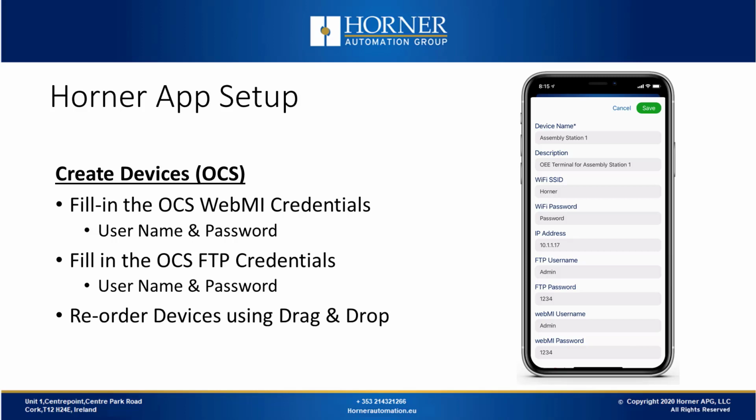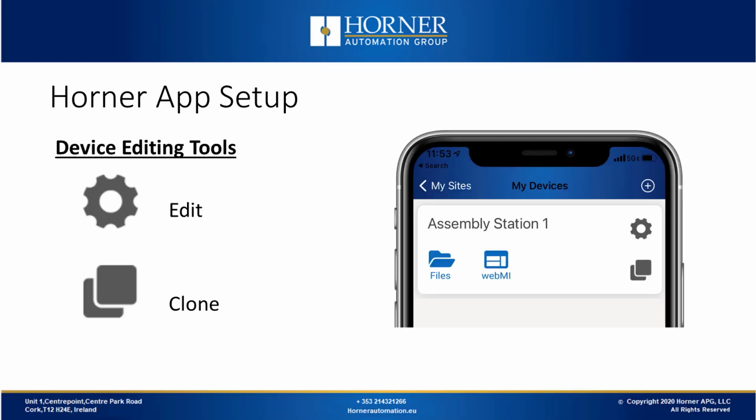Now, an OCS has been created for this site. Once you've created an OCS device, you can edit it later using the Edit button. And if you have several OCSs with similar credentials, the Clone button can be used to duplicate an OCS device. For example, they might have the same Wi-Fi username and password, or similar IP addresses.